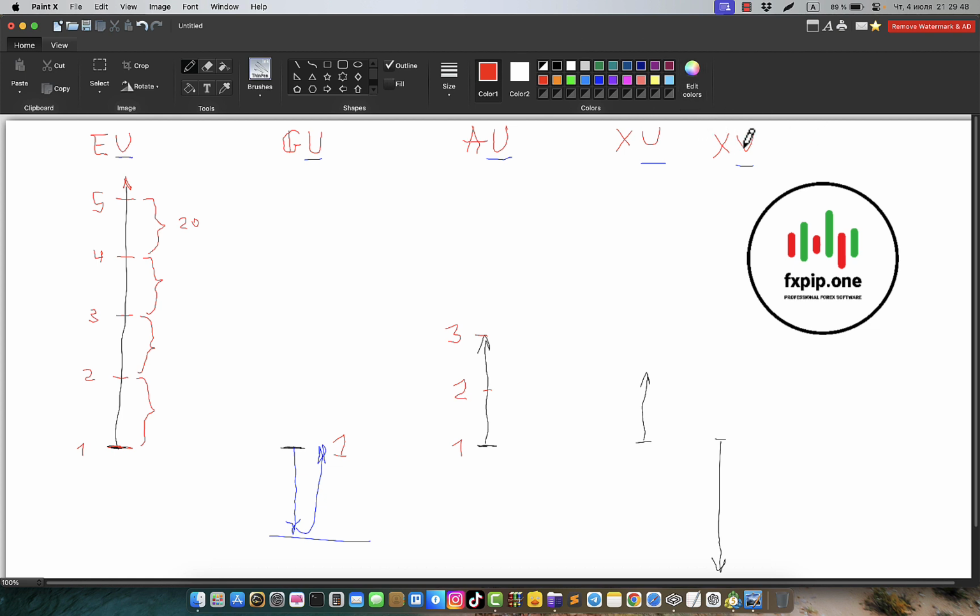It can be USD JPY, for example. We can buy here, like this. It's the same. We always buy USD in our example. If it goes down, we receive some minus. If it goes in plus, we receive some plus. For example, it also goes down.